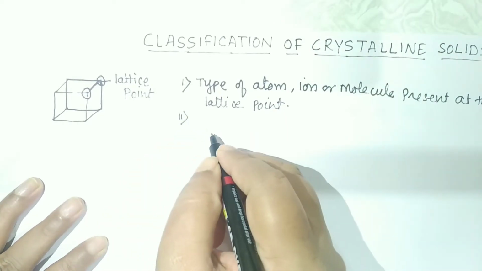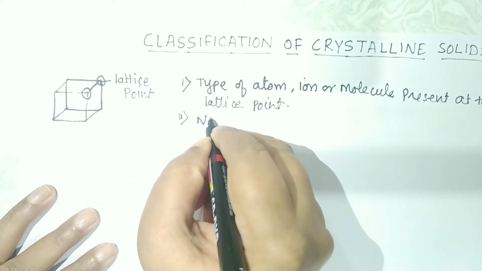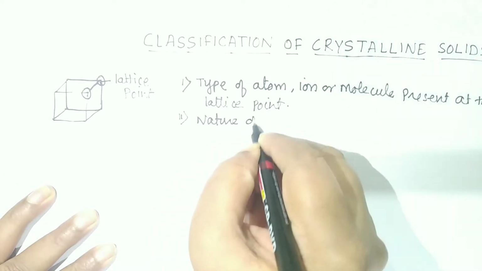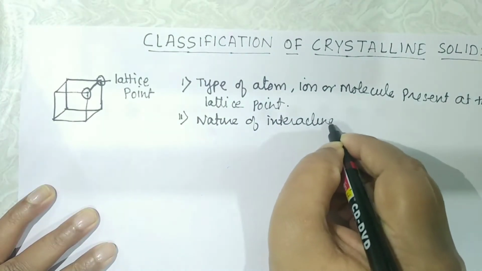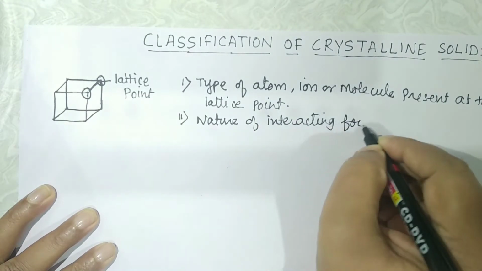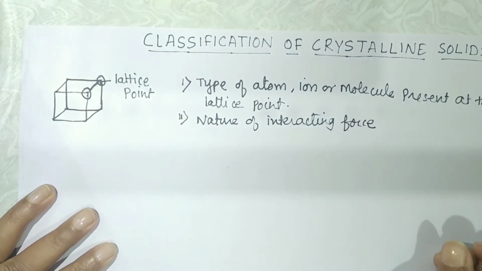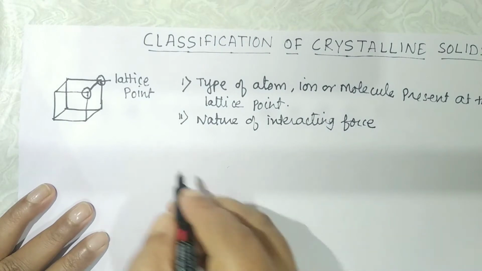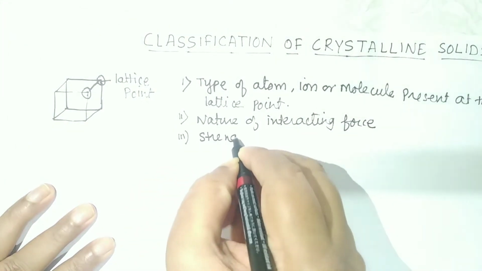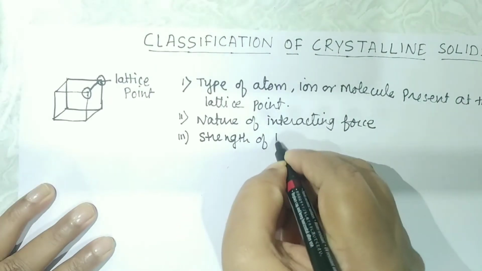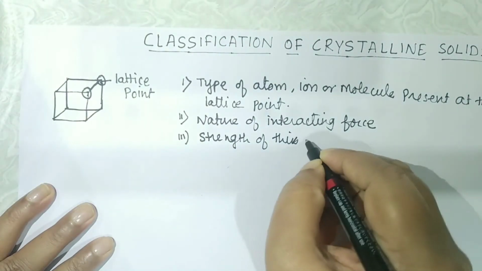Second important point is the nature of the interacting force. By force, I mean the bond. Third important thing is the strength of this interacting force.